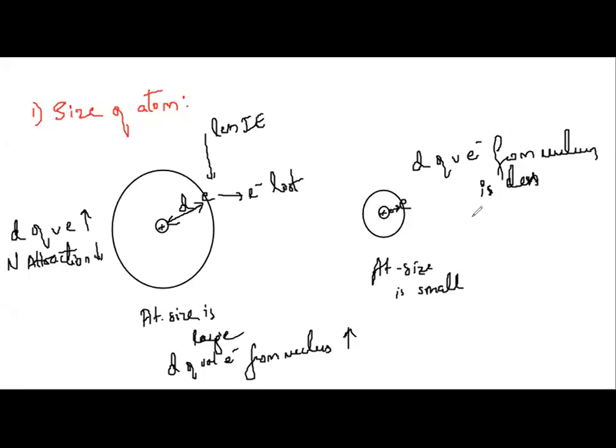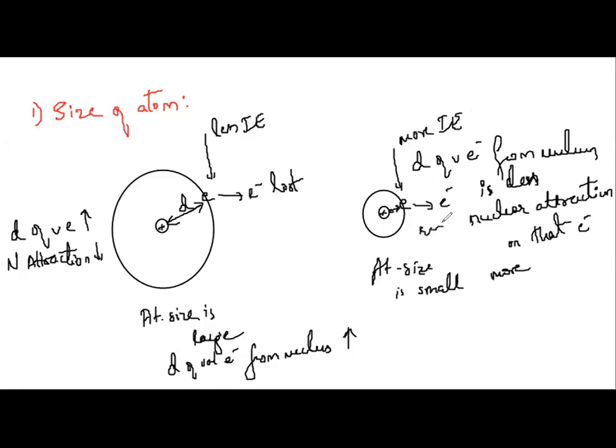Nuclear attraction on that electron will be more. So when nuclear attraction is more, you need to put more ionization energy, then the electron will be removed. Yes or no?